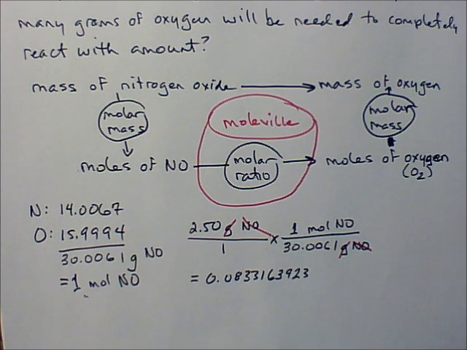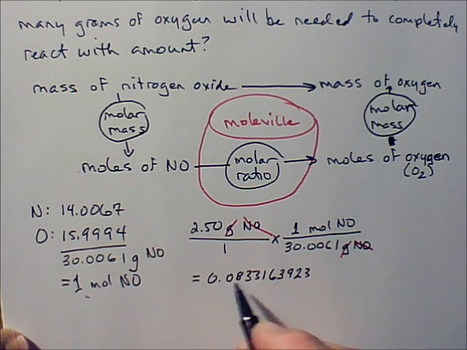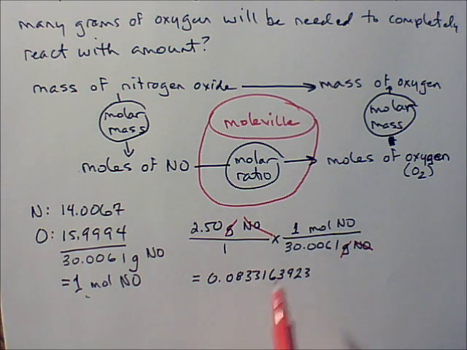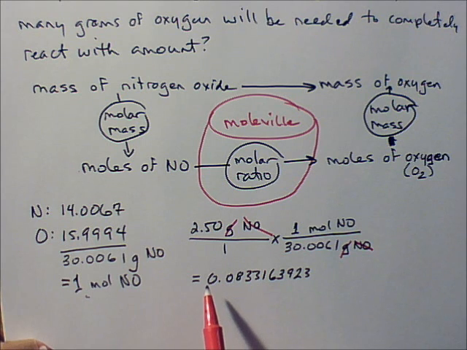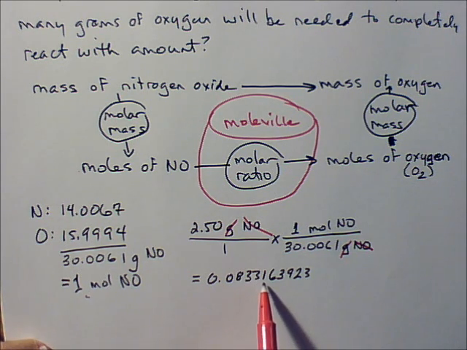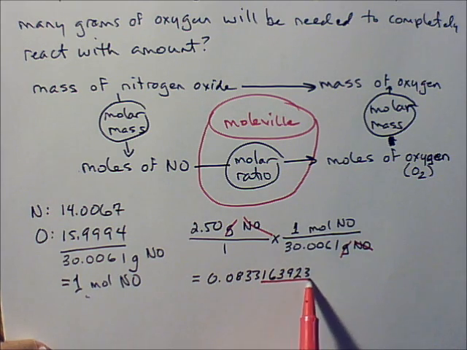How many digits do we need? 3. So where do I start underlining this number? 0.08. Leading zeros are never significant. So 8 is our first significant digit. Second, third, we need to underline from here over.